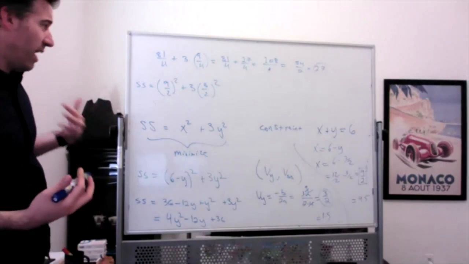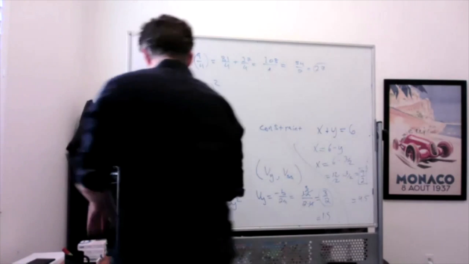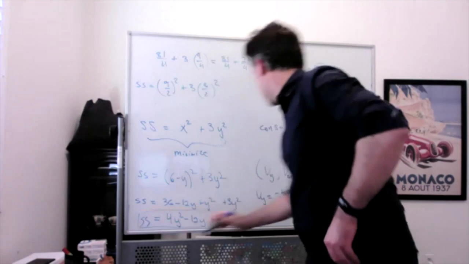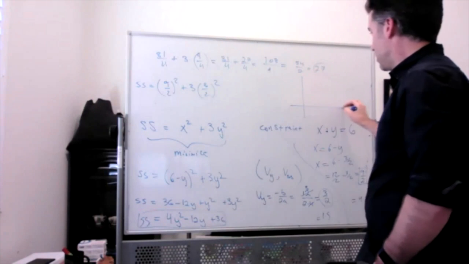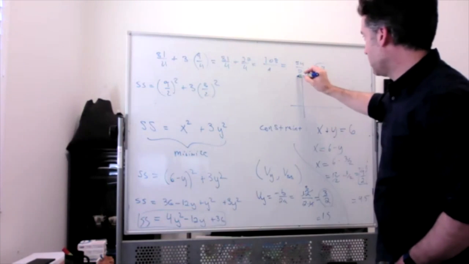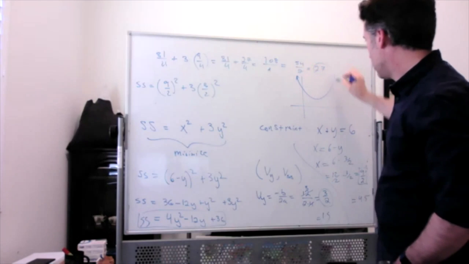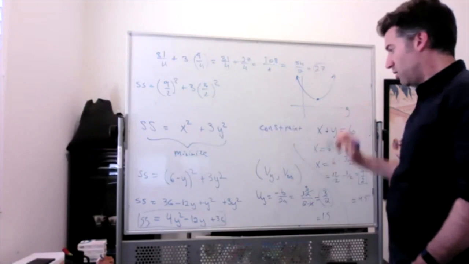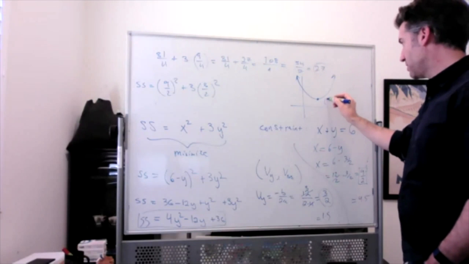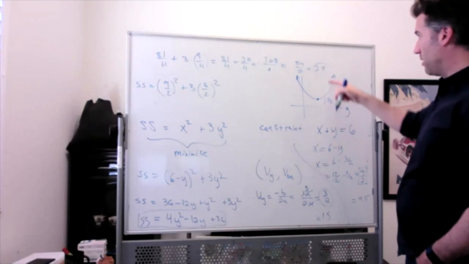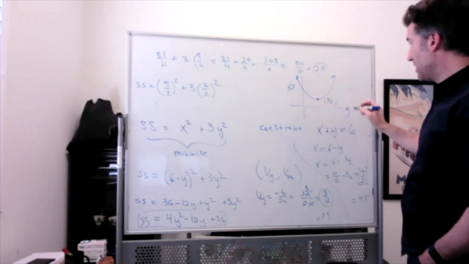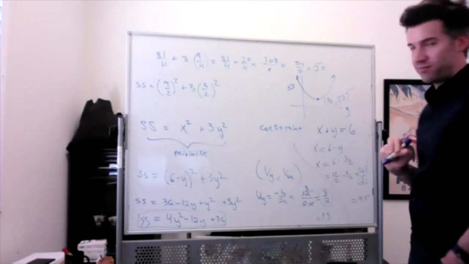So if I were going to graph this parabola, it would look something like this, where the minimum value was at y equal to 3 halves, and the sum of the squares, which is on the y-axis, equal to 27.